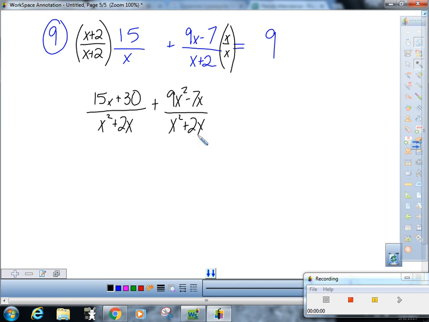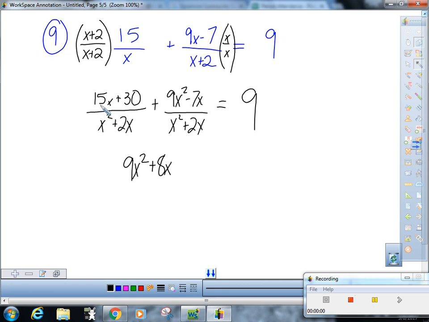Well, good. Now we have common denominators. That was the whole point. Is equal to 9. Okay? Now we can combine like terms and get 9x squared, 15x, and a negative 7x combined to be what? Positive 8x.